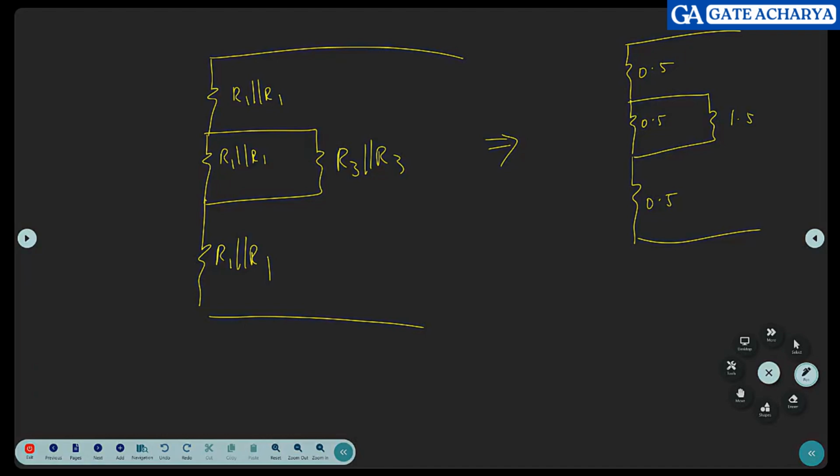It will be lesser than the smallest number. Always remember, the net resistance should be lesser than the smallest number. What is the smallest number? 0.5. So it will be definitely less than 0.5. If you do parallel, it will be 0.375, 0.5, 0.5. So this is the total resistance. It is 1.375.